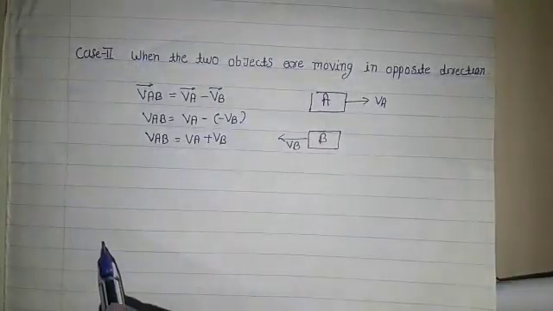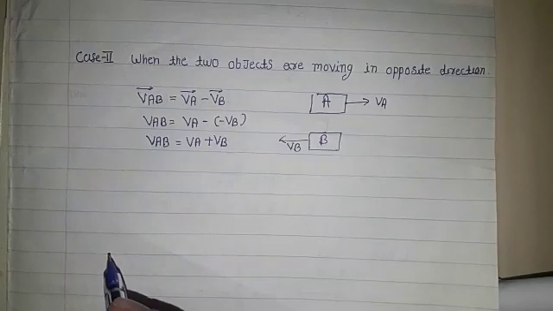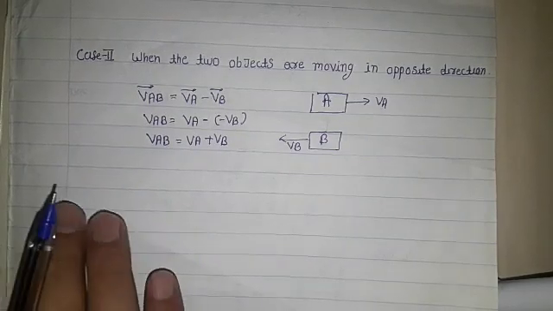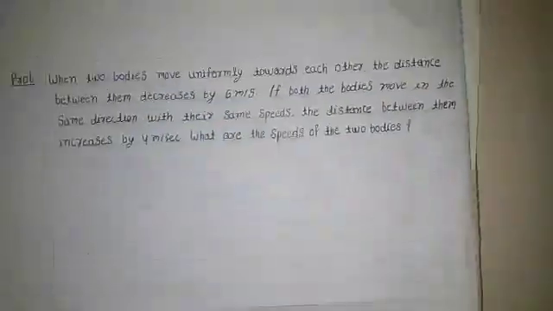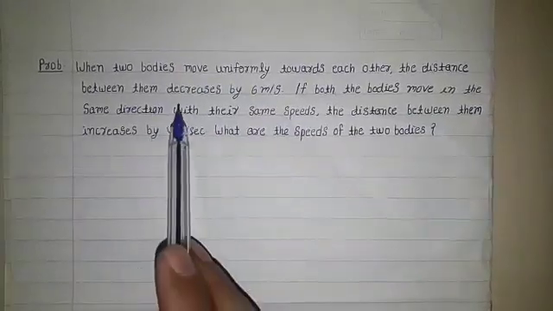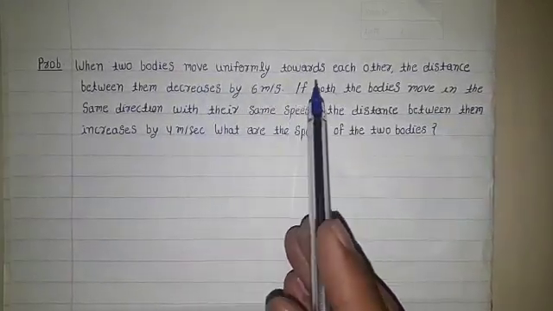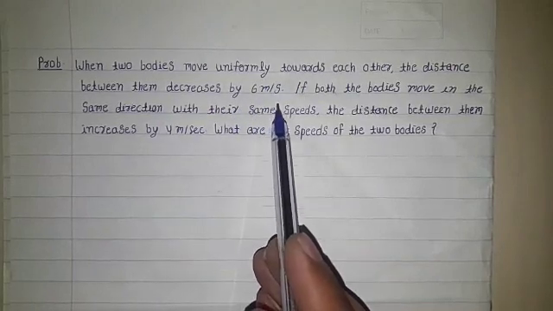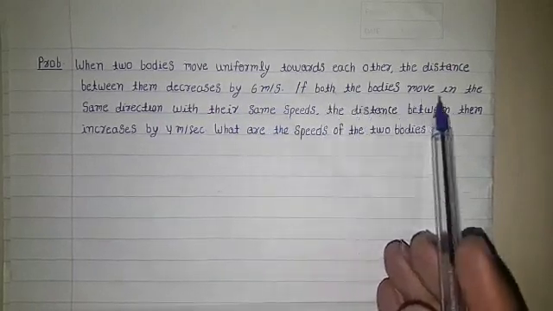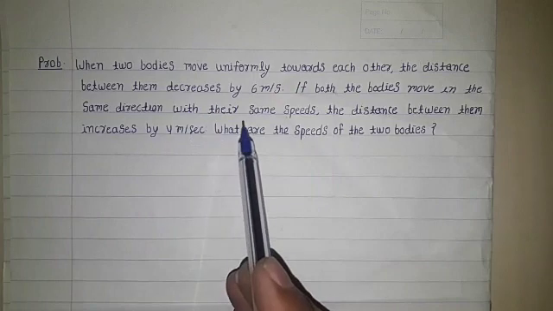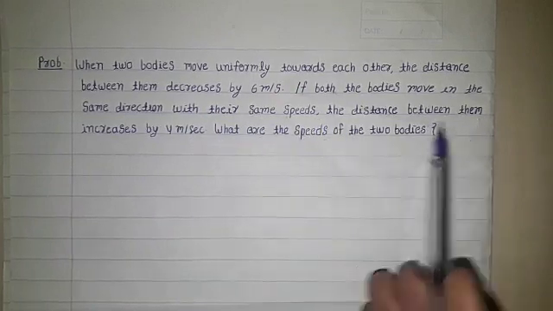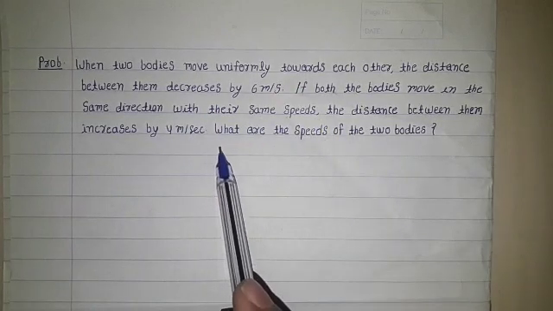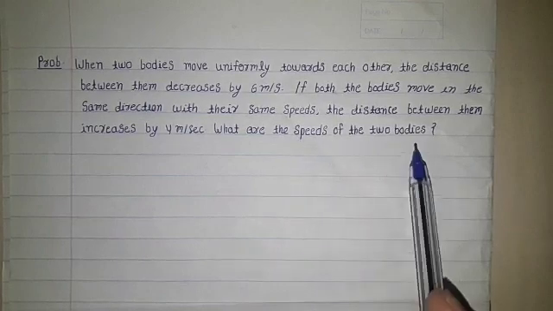Now, to understand the concept of relative velocity, I am going to explain two problems. Problem number 1. When two bodies move uniformly towards each other, the distance between them decreases by 6 meters per second. If both bodies move in the same direction with the same speeds, the distance between them increases by 4 meters per second. What are the speeds of the two bodies?